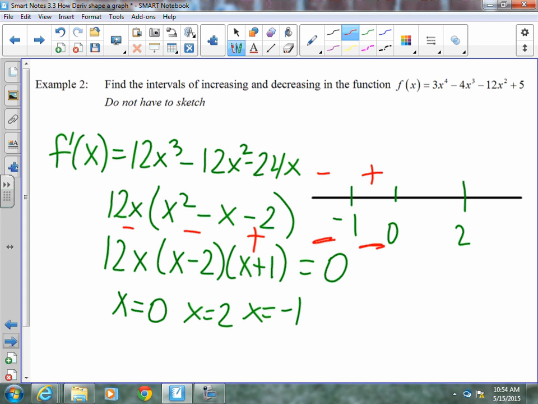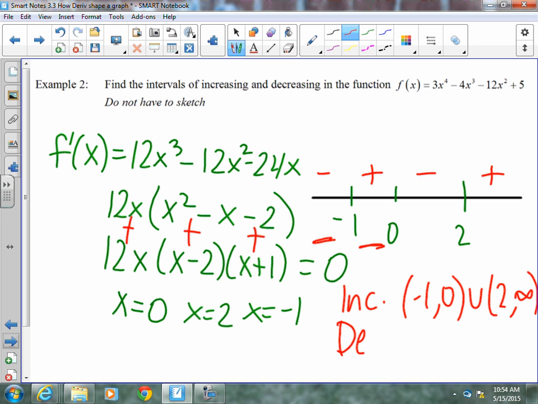We get a positive, negative, positive, which is a negative. Test a 3. We get a positive, positive, positive, which is a positive.